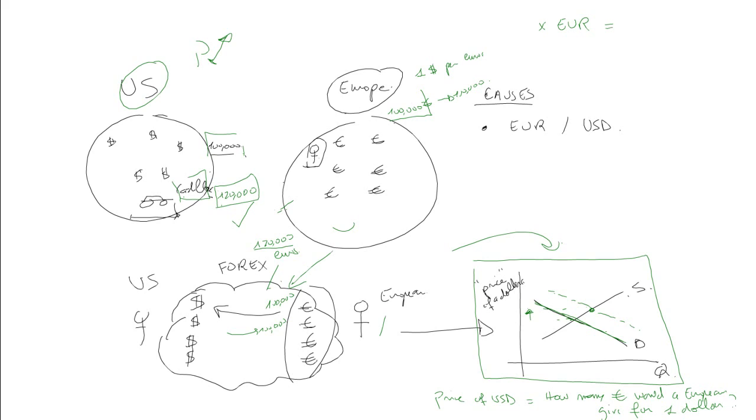Let's say we need X euros to get $1; the exchange rate for the dollar goes up. Usually, exchange rates between euro and US dollars are expressed in terms of how many US dollars €1 gets you. So this is the exchange rate for the US dollar.